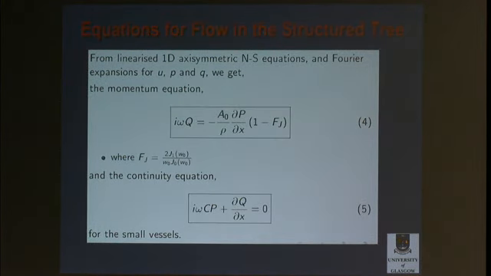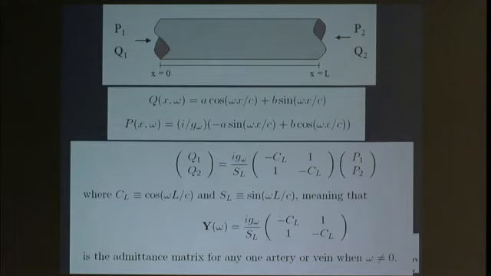So these were the same linearized equations in the vascular beds. Again, you can work out Q and P, and if I have just one elastic tube here, what I mean by the admittance is I can write the flows Q1 and Q2, the convention being that the flows were in on both ends, in terms of the two pressures, and the matrix in the middle is the admittance.